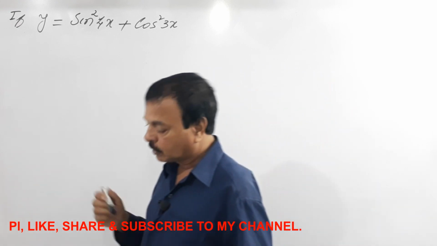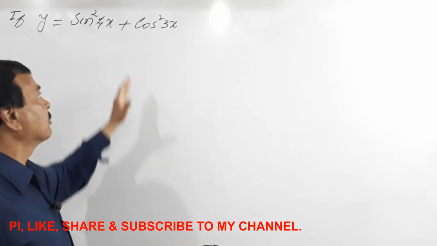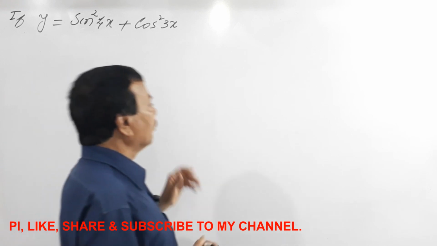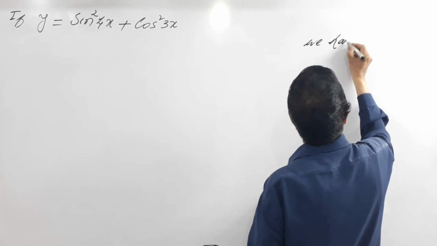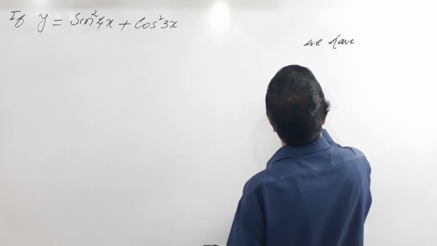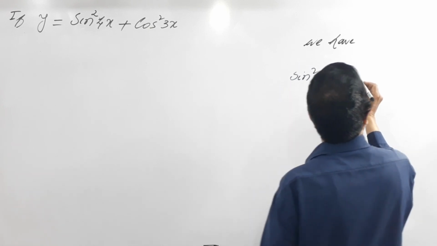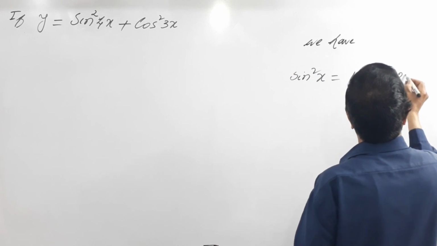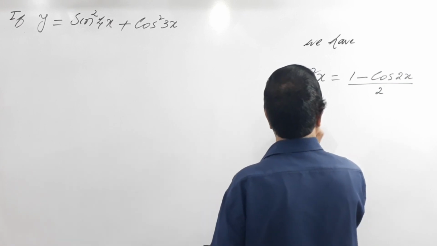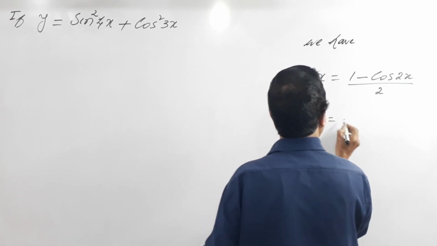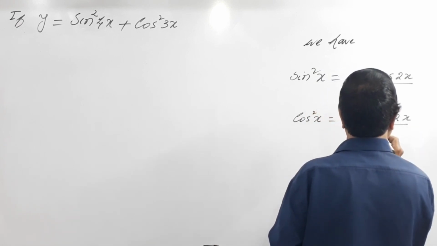So dear students, here we are going to use some technique to solve this problem, and the technique is: we have sin square x equals 1 minus cos 2x by 2, and cos square x equals 1 plus cos 2x by 2.